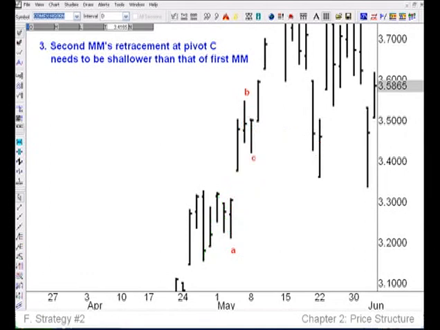But in this case, we're okay. This BC retracement is shallower than the one off of the first retracement. And we'll manage this trade just the same as we would in strategy number 1. So once we pivot up right around here, up we go to new highs.